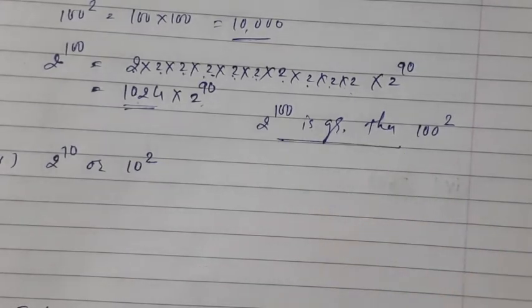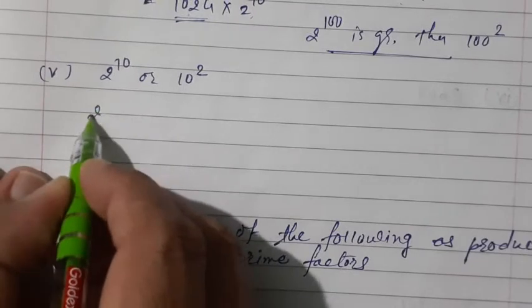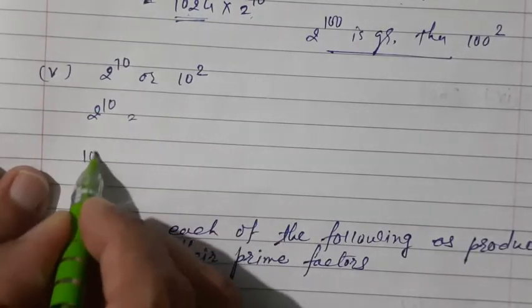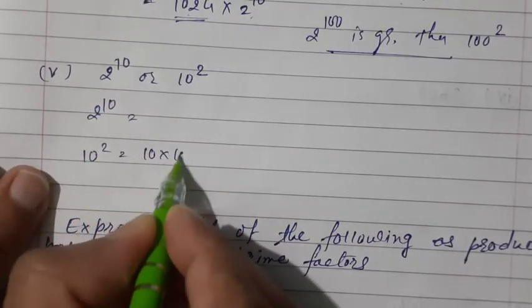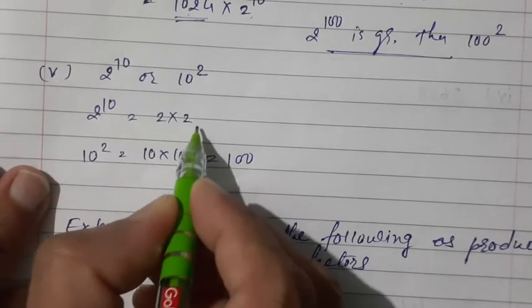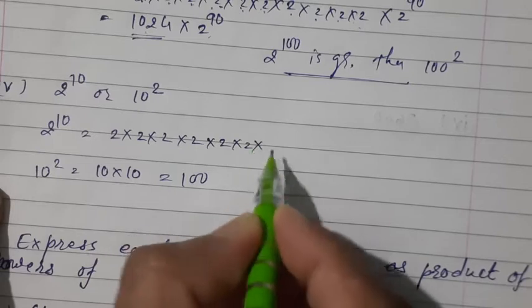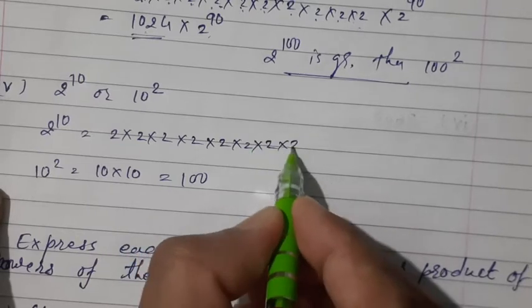That's your answer. Same here, 2 raised to 10 and 10 raised to 2. Here 10 into 10 equal to 100. And 2 raised to 10: 2 into 2, 4, then 8, 16, 32, 64, right, and 2 into 2.